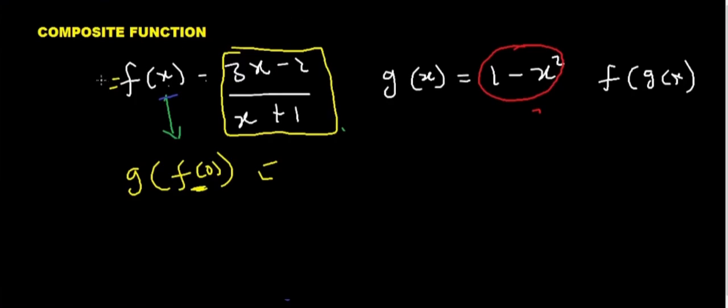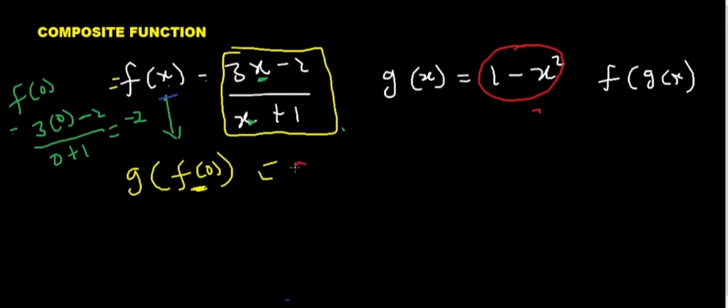So to find this here, my f(0) will be, put 0 here, put 0 here. That will be 3 into 0 minus 2 over 0 plus 1. And obviously that is minus 2, which means g of f(0) is the same thing as writing g of minus 2.